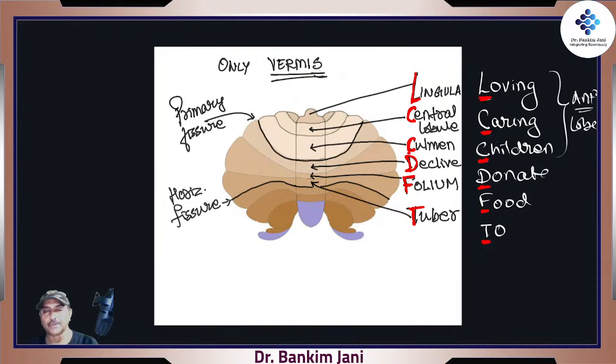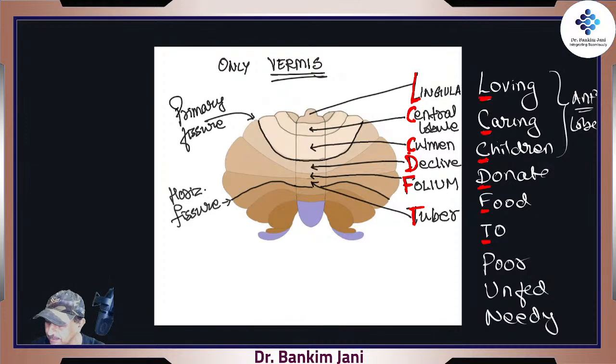To whom? To the poor. Someone who has not eaten anything, so unfed. And someone who is needy. This needy, N, is nodule. Nodular. You remember flocculonodular? The same thing is coming up.